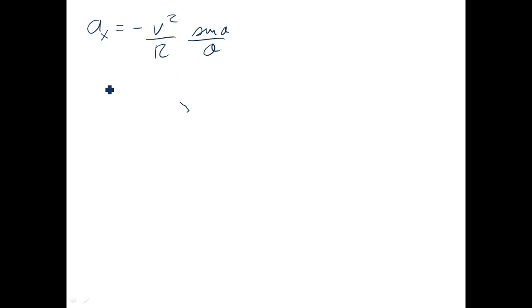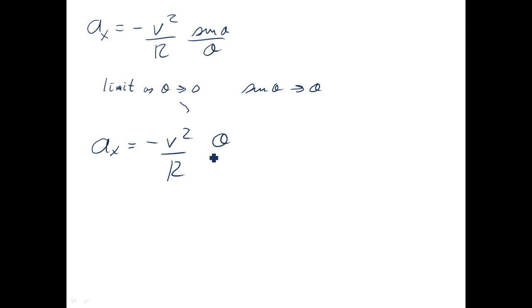If we now take the limit as theta approaches 0, we know that sine theta approaches theta. So we can write that a_x is equal to minus V squared over r, theta over theta. Now you might think, why not throw 0 in there? That actually gets you into a little bit of trouble. You just want to recognize that as you approach 0, you're not 0, but these guys have the same meaning. Recognizing this is quite useful in physics.